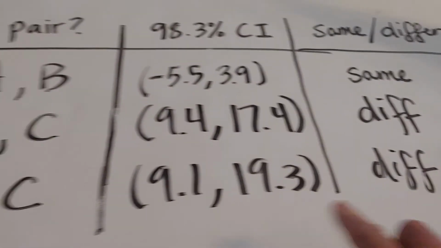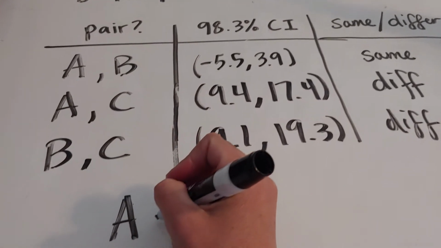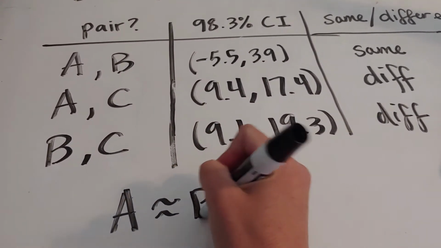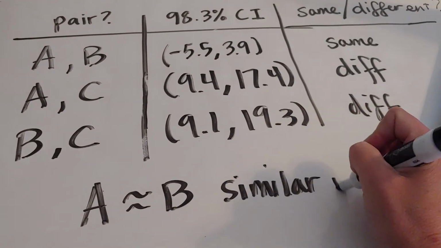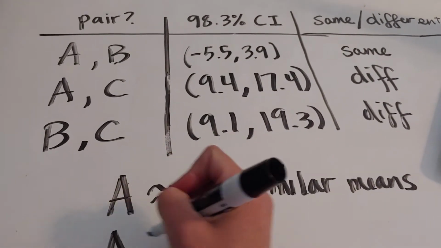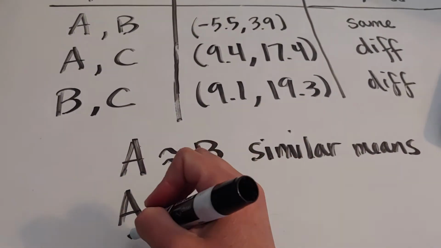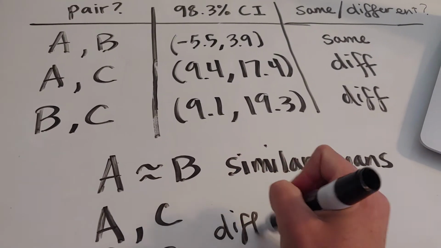So if I zoom out for a second, what I've shown is that A and B have similar means. Now, A and C and B and C are different. Well, here's what's going on, guys.